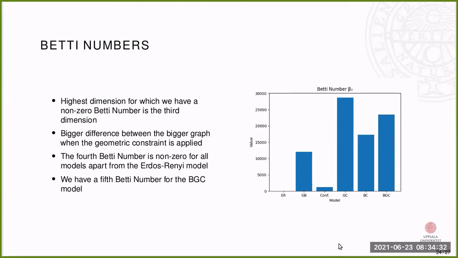And then if we compare them to the block models, we see that a geometric constraint, when it's applied to smaller graphs, seems to have less of an impact on the order and complexity of the models modeling the connectome.